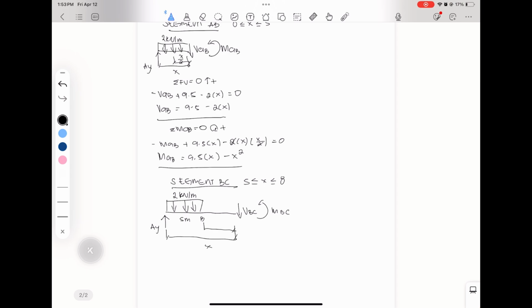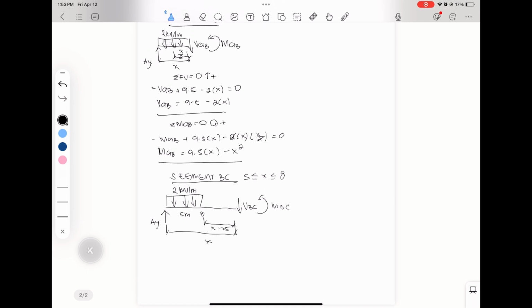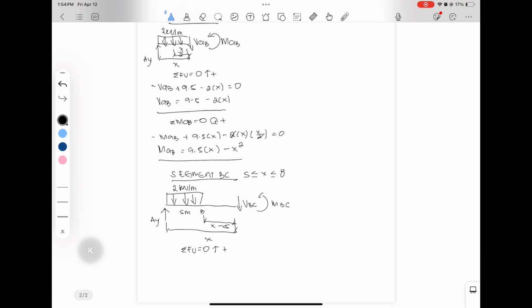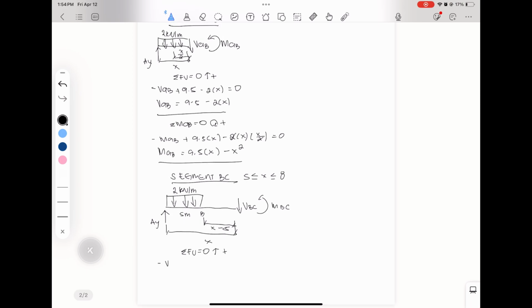Then here we just have to minus 5 to x, so x minus 5. That's the distance here. So same as we did for segment AB. Summation of forces vertical is equal to 0. Upwards is positive. So minus VBC, then plus 9.5.